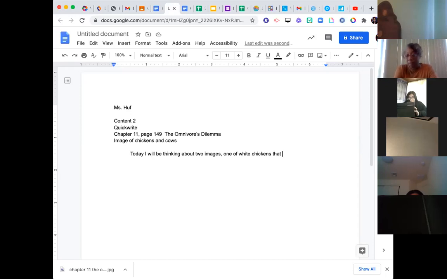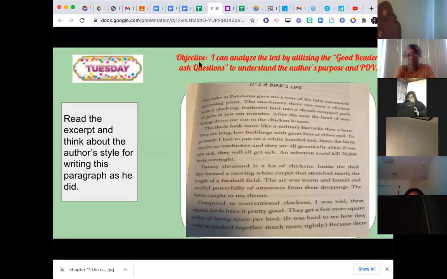Do you need the images back up? It's a pen of chickens and a pen of cows. This is the image.